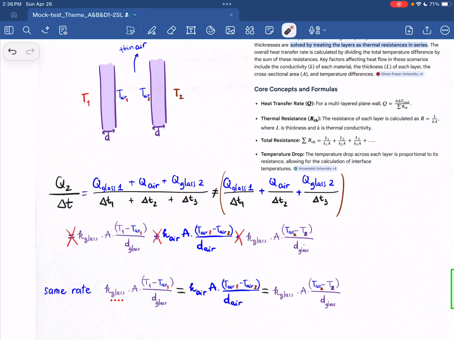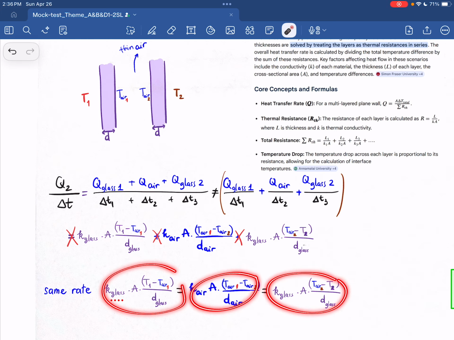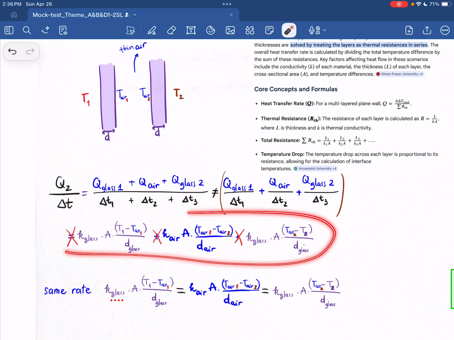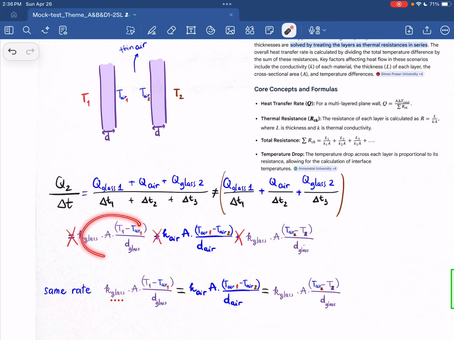Imagine if you set these equal to each other and use this expression, you get one rate, twice the rate, and then 3 times the rate. So in the end, the rate itself equals 3 times itself, which doesn't make sense. So remember, don't use this equation. This is not correct.